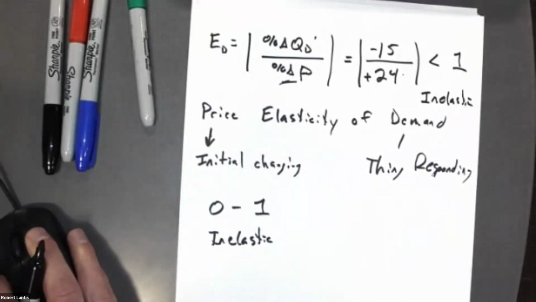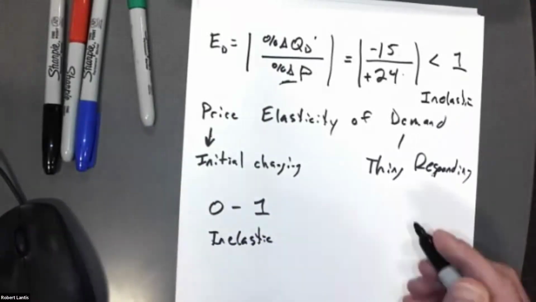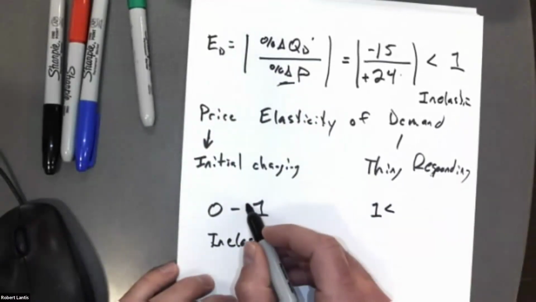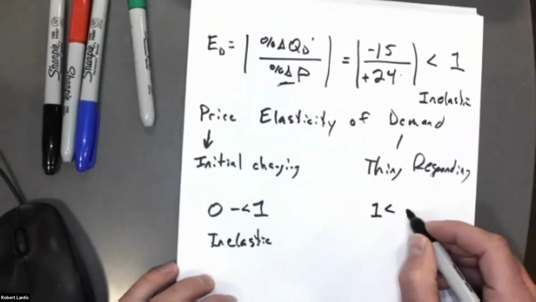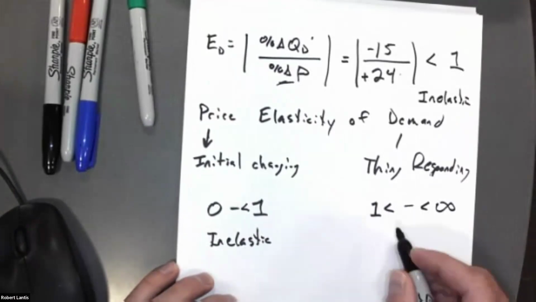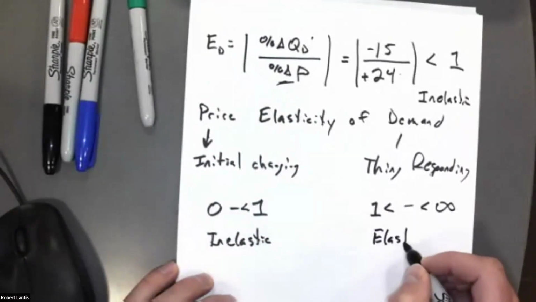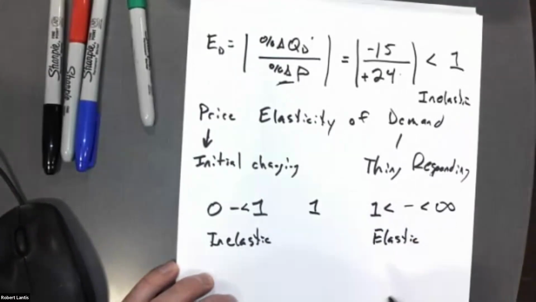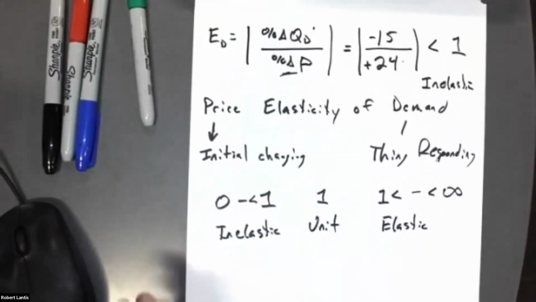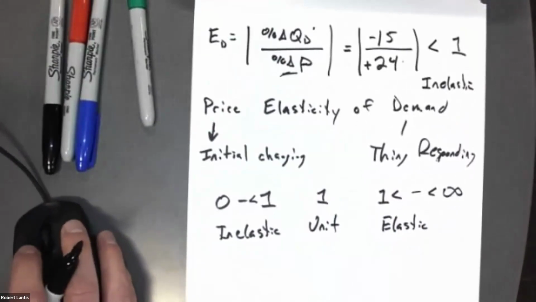Anything above 1, 1 to really infinity, we would say it's elastic. And if it was exactly equal to 1, that was that unit elastic point. And we'll kind of use this idea today looking at the entire demand curve.